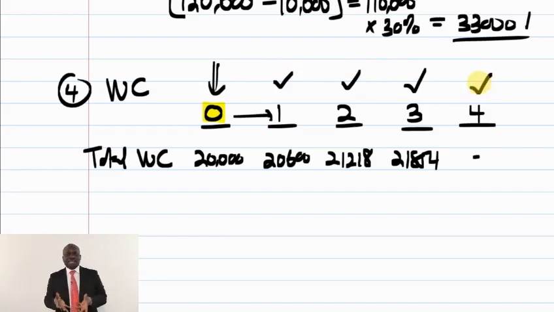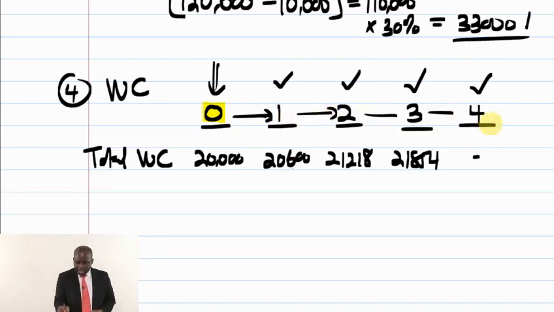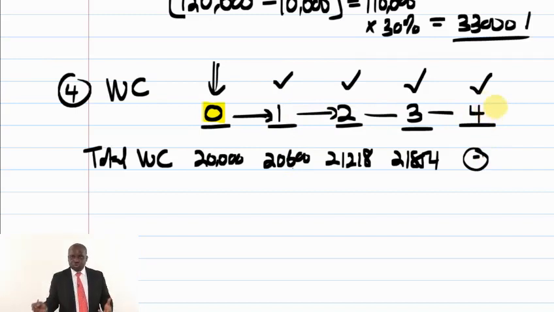And working capital will not be put at the end of the year. Working capital is supposed to be put at the beginning of the year. So I put this 20,000 for this 12-month period, this 20,600 for the next 12 months, like that. If I'm putting something at the end of year 4, then I'm taking it to year 5, even though some schools of thought actually bring some here.